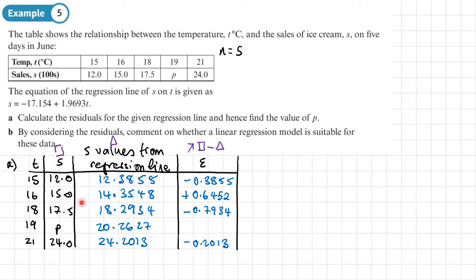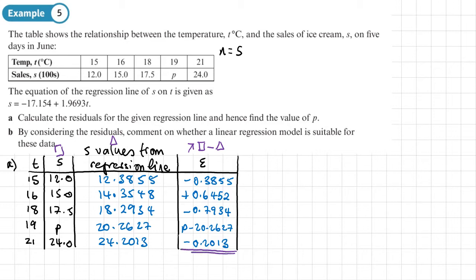This column minus that column will always give you the correct sign. And the advantage of doing that is I can now fill in this residual, because it would be this value minus this, so I can write it down as P minus 20.2627.